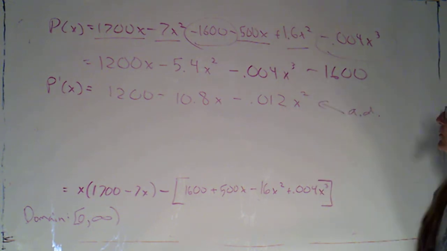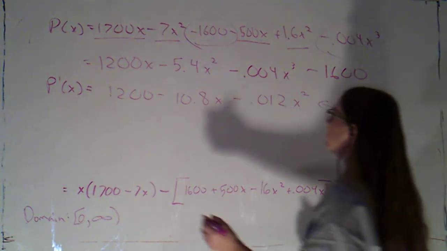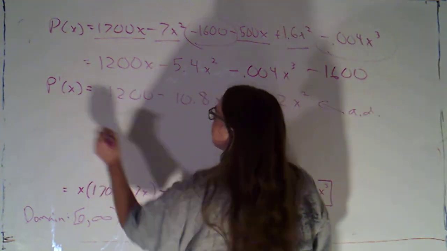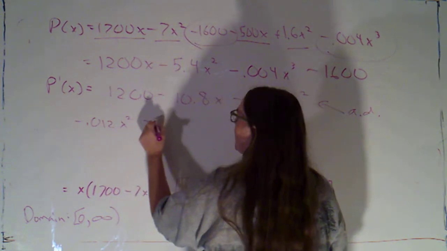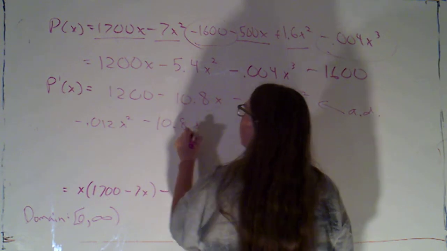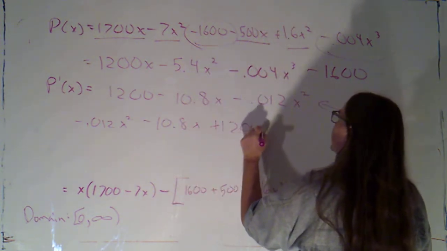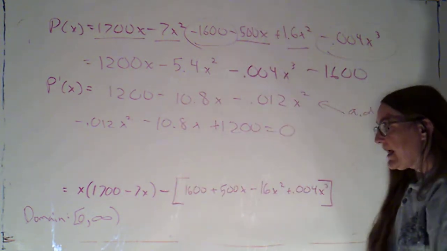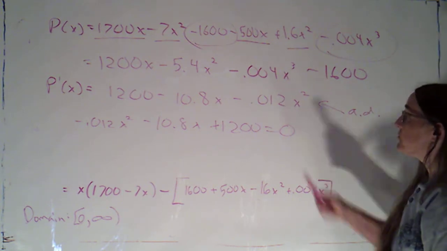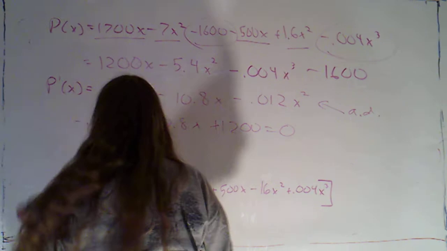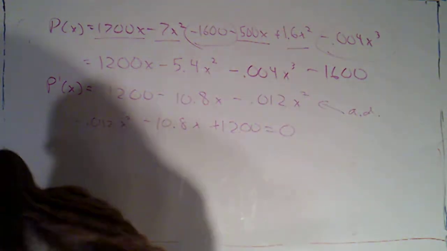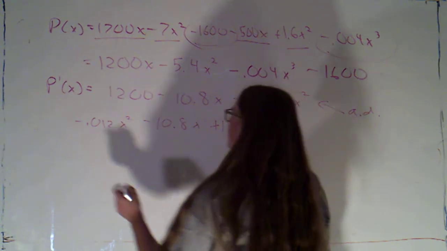So I want to look for where this thing is 0. So I've got negative 0.012x squared minus 10.8x plus 1200 is equal to 0. That is just a quadratic equation. So I can find my roots for that quadratic equation.